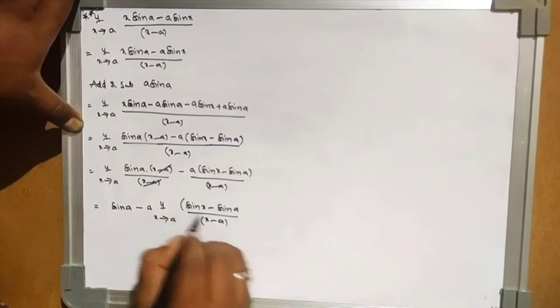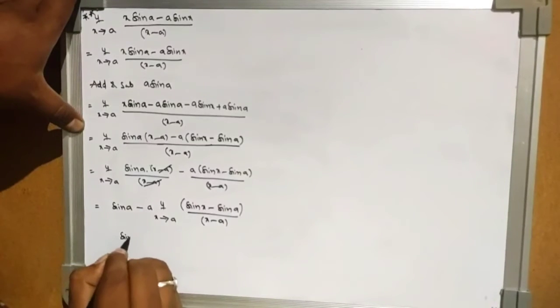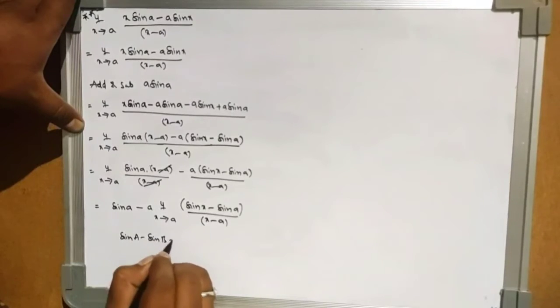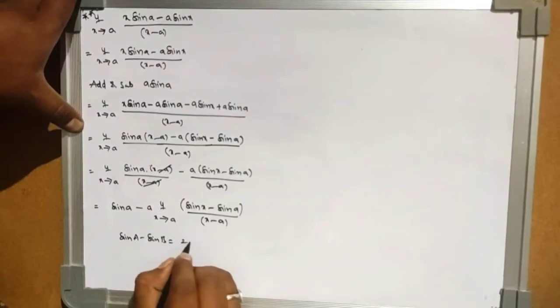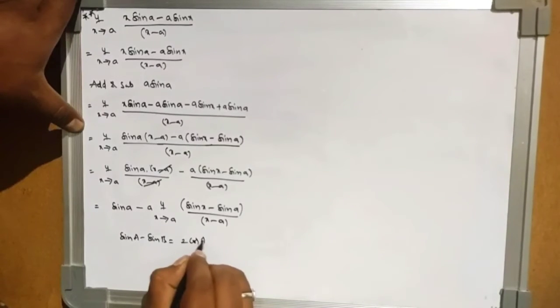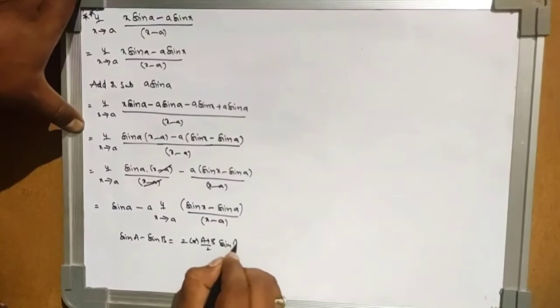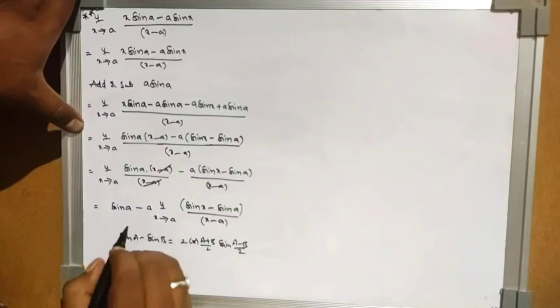If you observe here, sin x minus sin a is in the form of sin A minus sin B. Sin A minus sin B is equal to 2 cos((A plus B) by 2) sin((A minus B) by 2). This is the formula you can apply here.